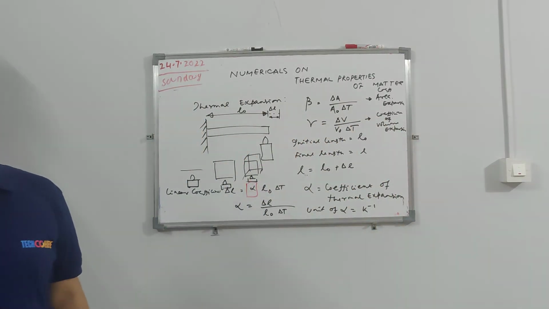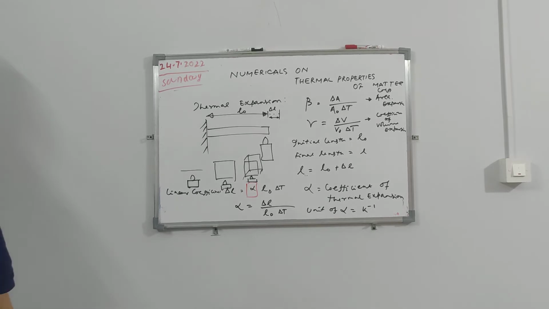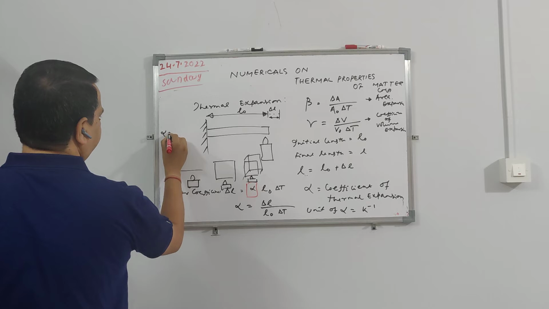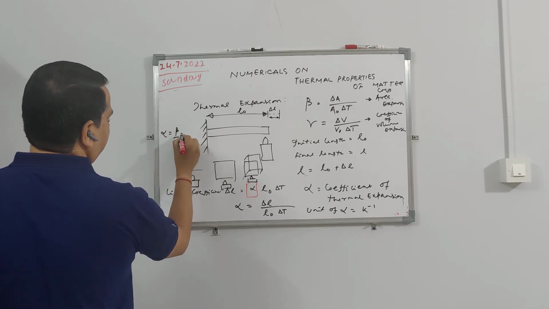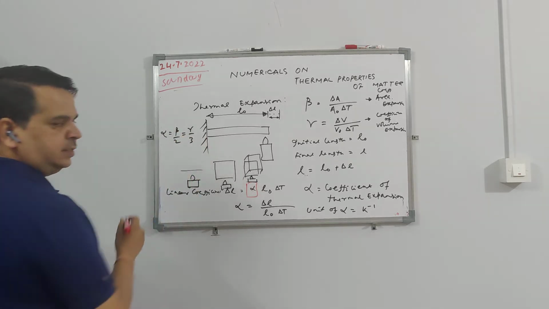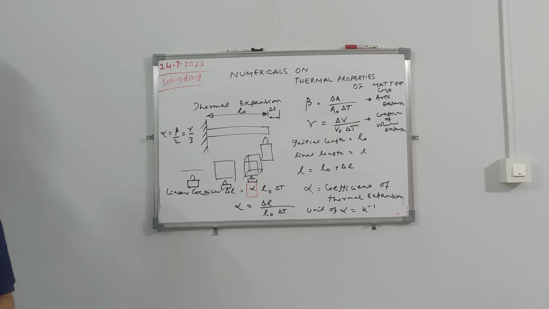So these three things, and there is a relationship between these three. Alpha linear is half of beta and 1/3 of gamma. Just remember this. So the coefficient of linear expansion is half of the coefficient of area expansion, and it is 1/3 of the coefficient of volume expansion.